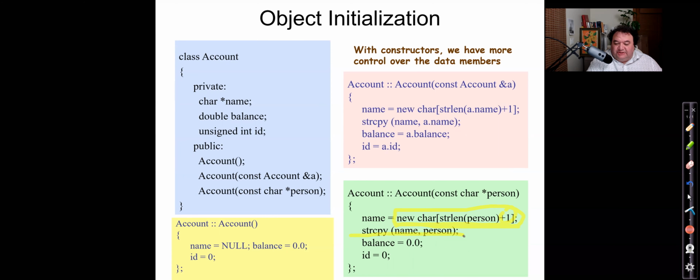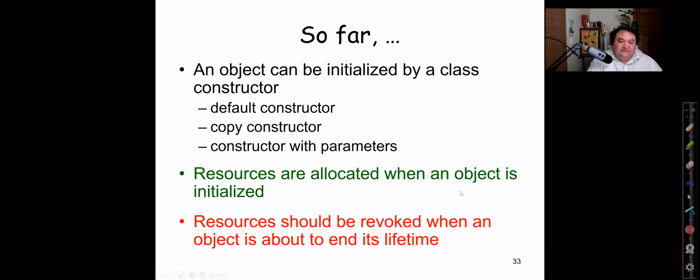Then we can do a string copy from person to name, and then we can set the balance and ID to 0. So as soon as we have something dynamic, like a string, an array, and so on, it's actually important that we carefully design this type of functionality.